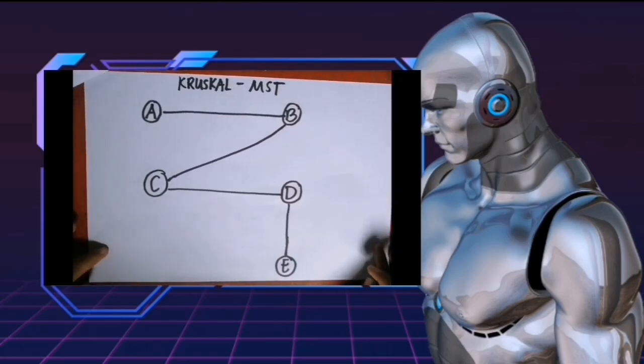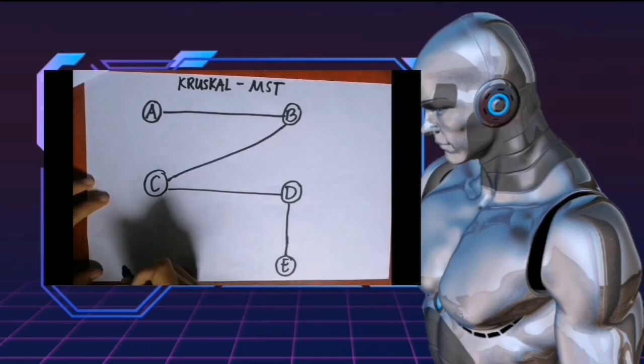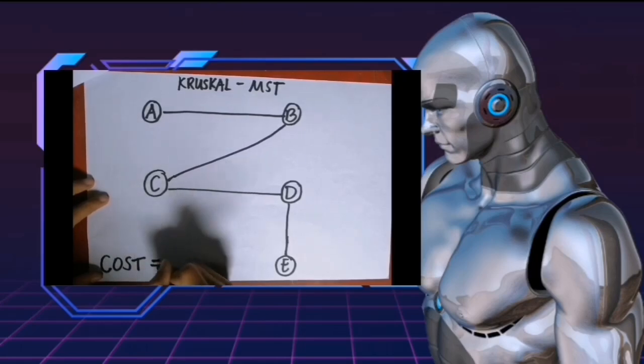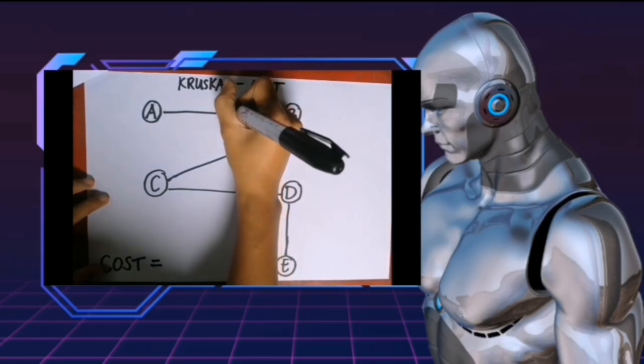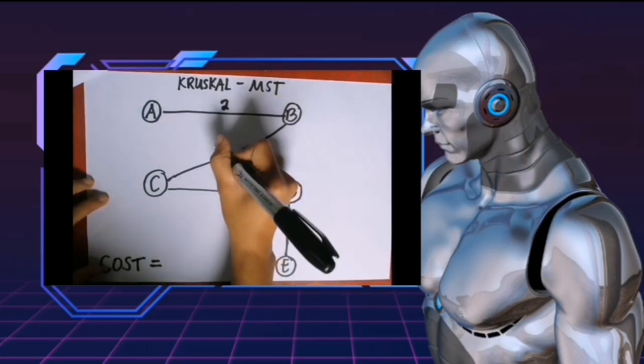And there you have it. Our final minimum spanning tree consists of the edges AB, BC, CD, and DE. And now let's compute our cost, or the minimum cost spanning tree. Let's write the weight of its edges.